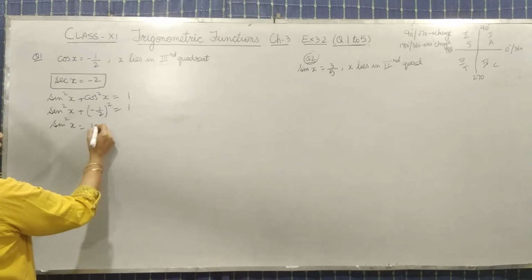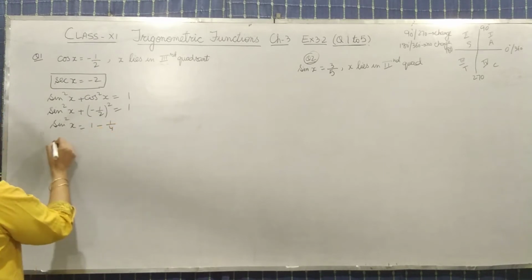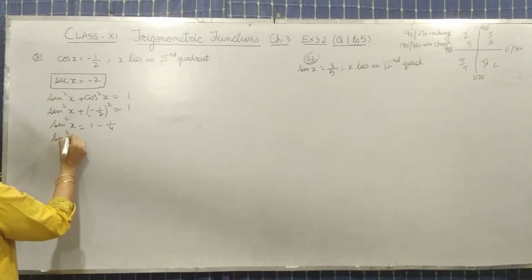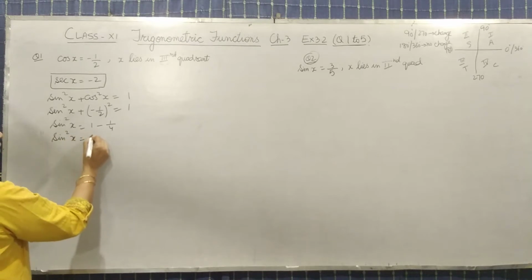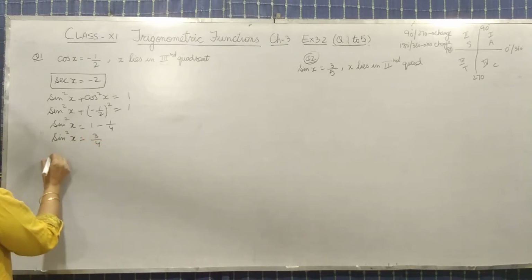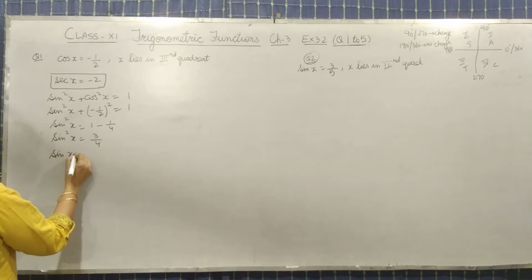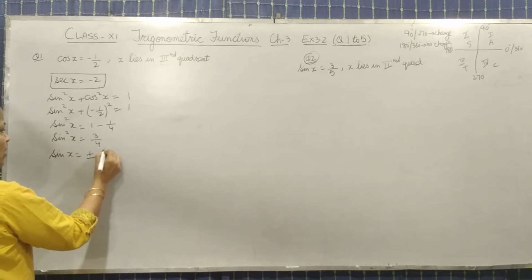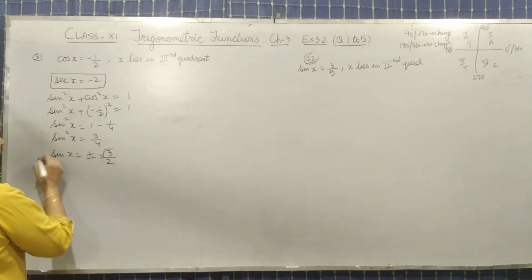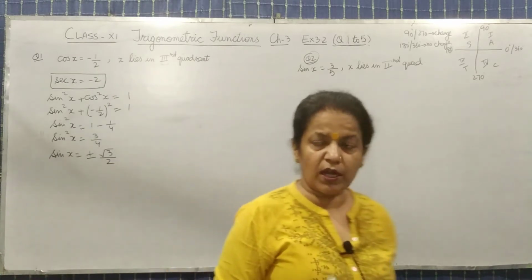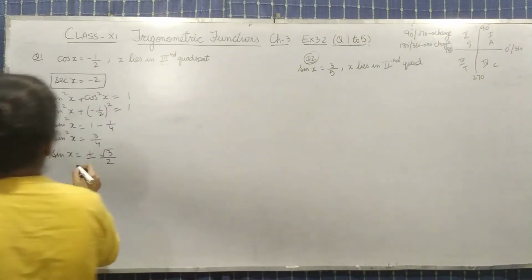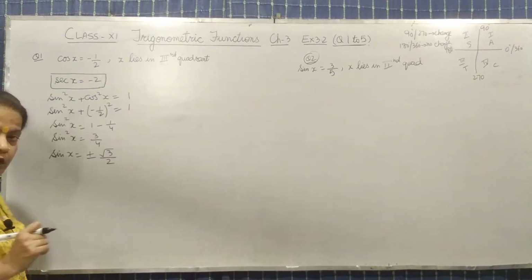Shift it to the other side, minus 1 by 4. So, sin square x equal 3 by 4. Then sin x will be plus minus root 3 by 2.